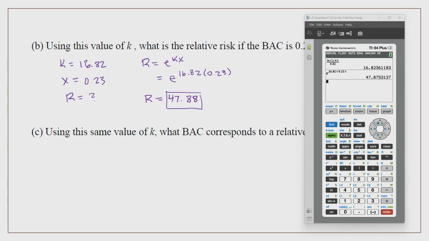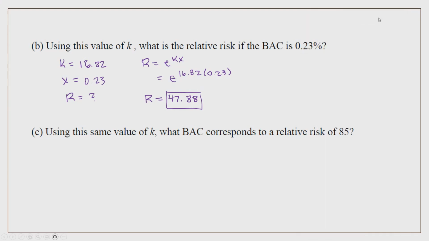Okay. All right, let's now do C. So using this same value of K, what BAC corresponds to a relative risk of 85? So we're using the same K, so that's 16.82.